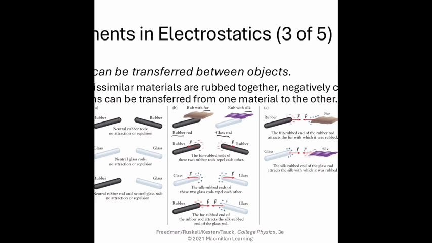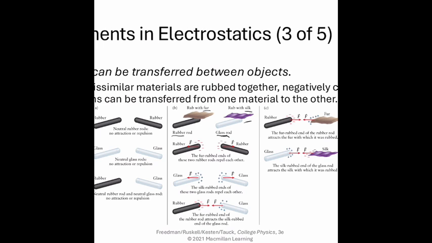And so in this demonstration, let's say I have a rubber rod, rub it with fur, I have a glass rod, rub it with silk. After the rubbing happens, okay, electrons have left the fur and gone to the rubber rod. And in the situation with the glass rod and the silk, electrons have left the glass rod and gone to the silk.